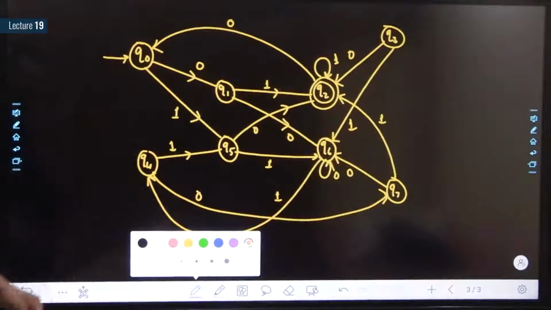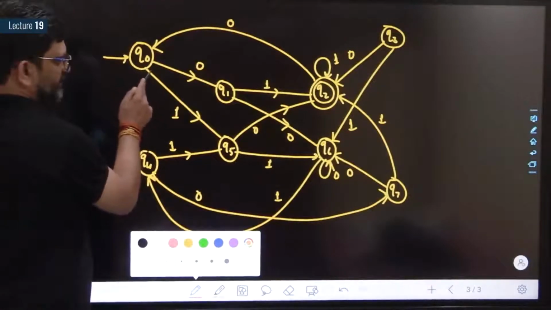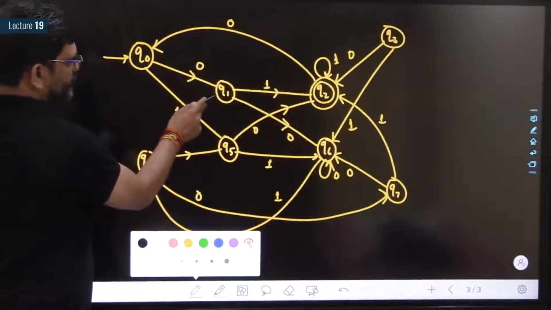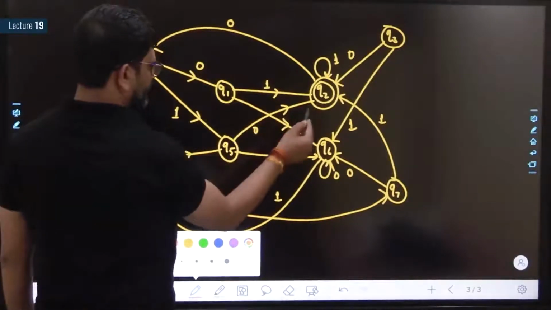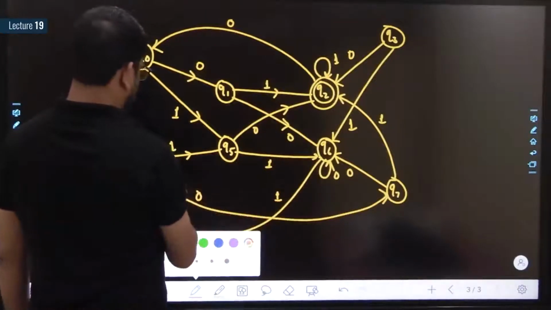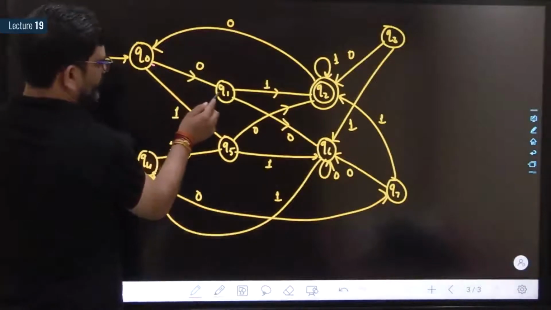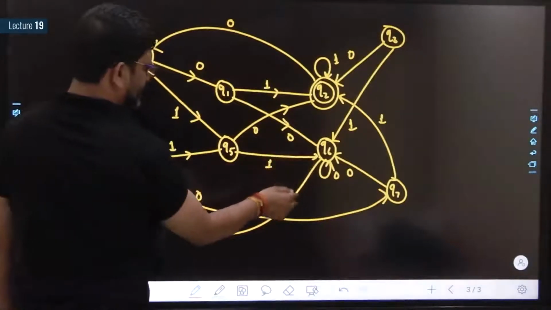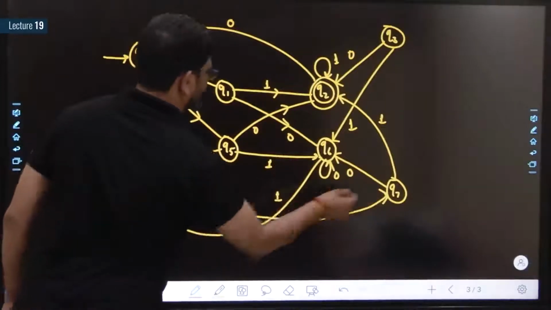But Q7 is not unreachable. We can reach Q7 as Q0 to Q1, Q1 to Q6, Q6 to Q4, and Q4 to Q7.